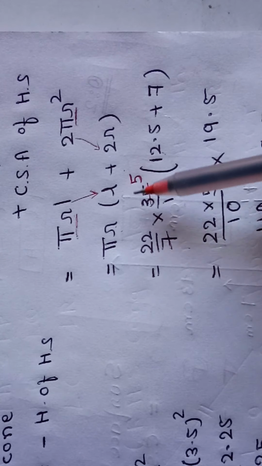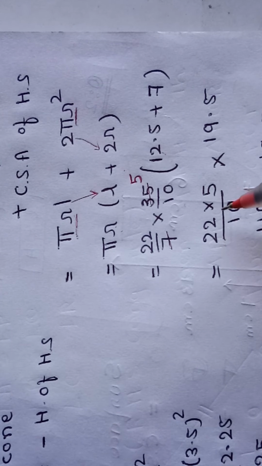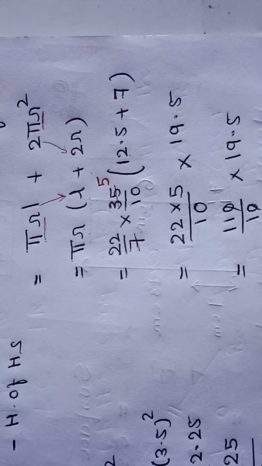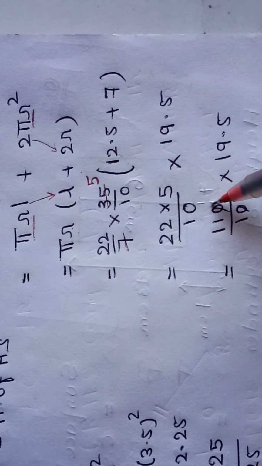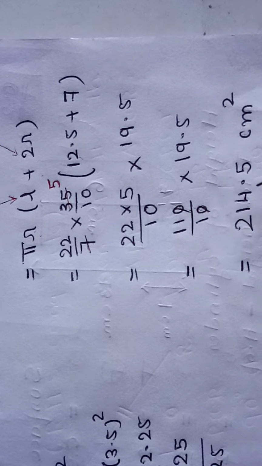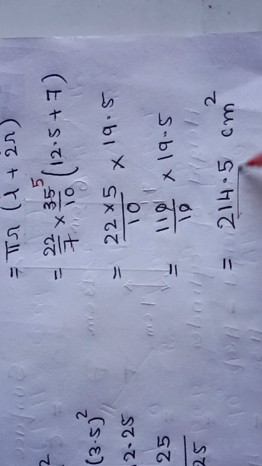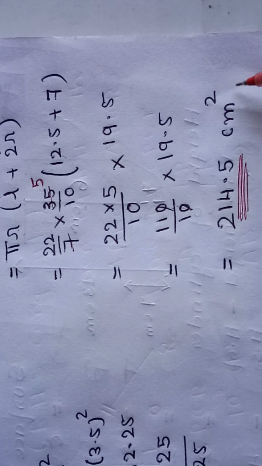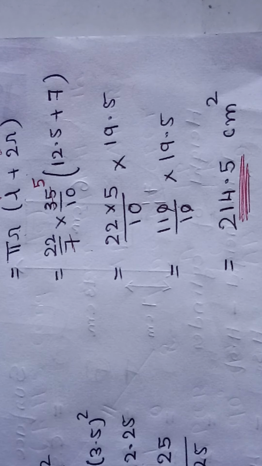Here 22 into 5 upon 10, 22 into 5 is 110 upon 10. 10 10 cancel. So 11 into 19.5. So the answer is 214.5 centimeter square. That means the CSA, total surface area of the toy, is 214.5 centimeter square.